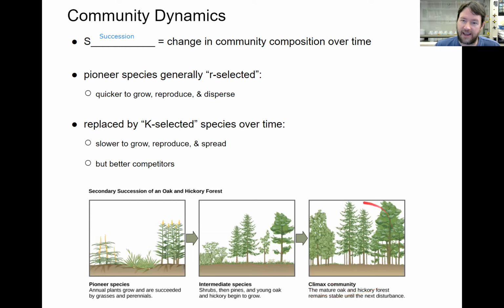And those trees can outcompete for resources. They get the light, they kind of shade every other species out, and that's the end point of succession, is this climax community that doesn't change until there's some sort of disturbance, like a fire or a windstorm or an ice storm or whatever the disturbance happens to be.